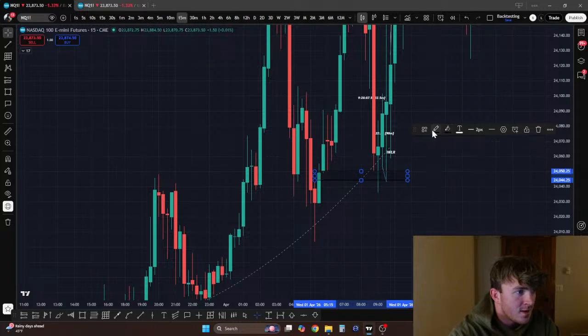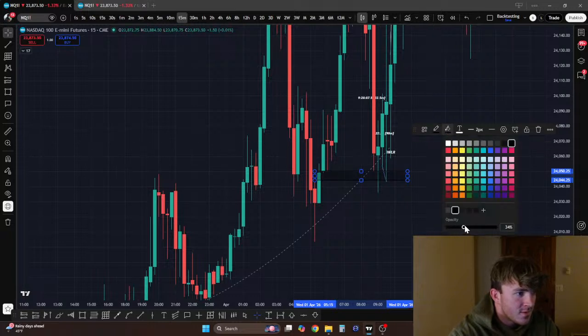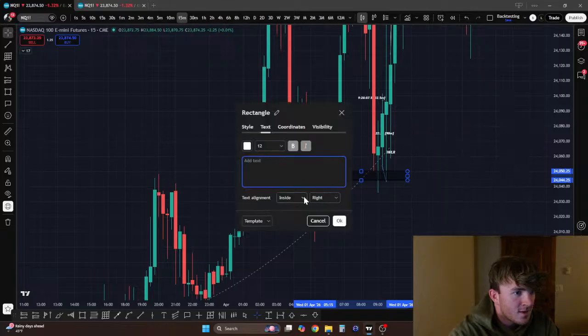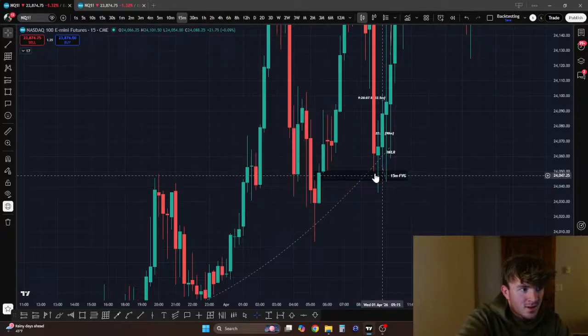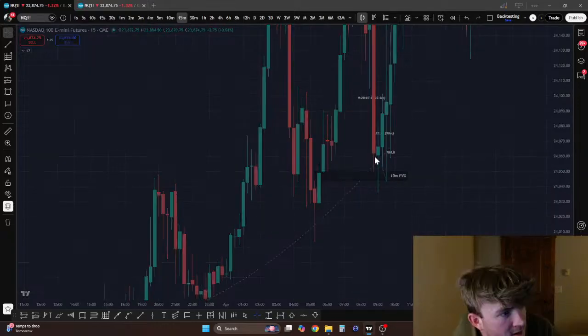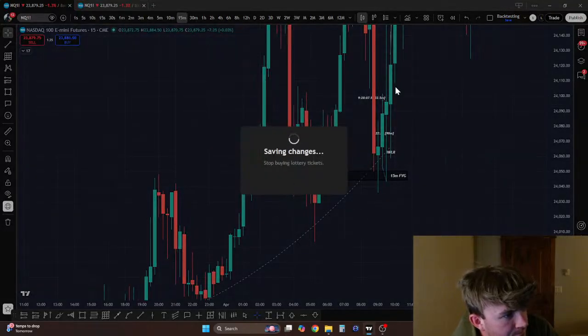So find a 15-minute key level, and also the market is looking pretty high resistance here. It's probably pretty obvious that the market was going to reverse.